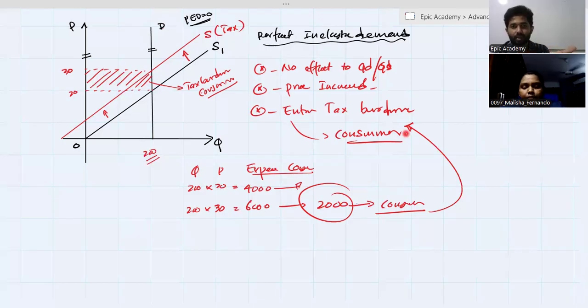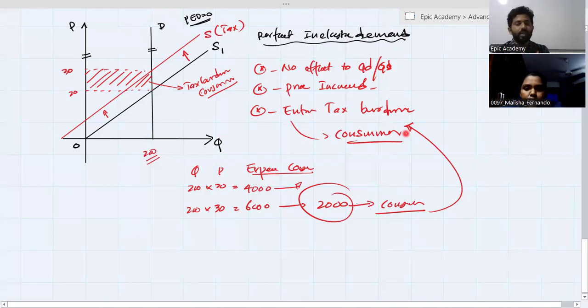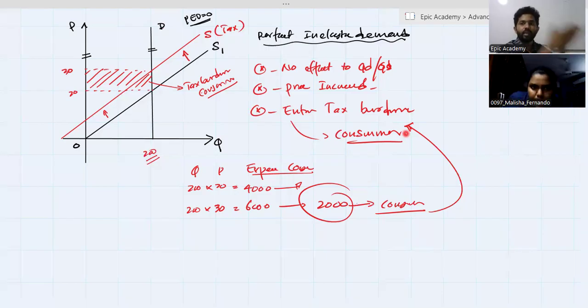So a price increase creates a good situation for the producer because there is no tax burden for the producer. The entire tax burden is paid by the consumer. So there is no impact for the producer. That is why I say that the entire tax burden goes to the consumer.